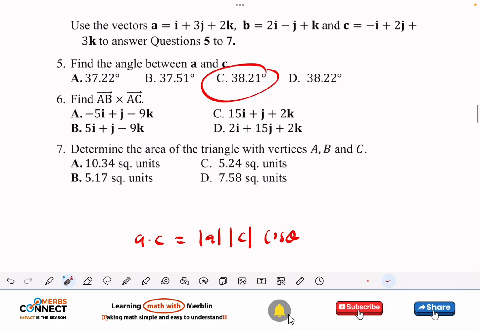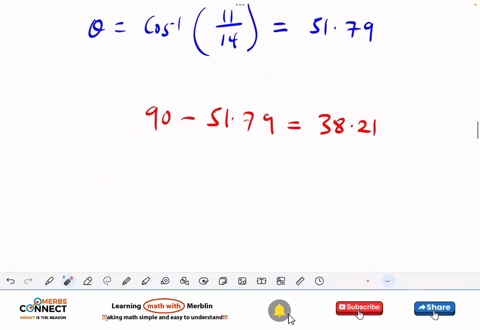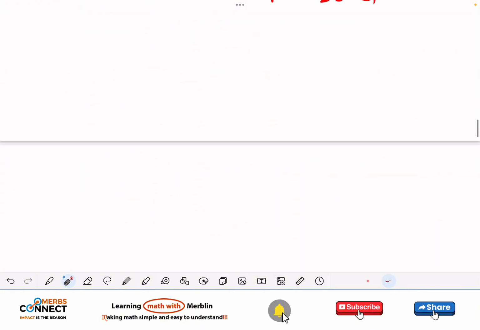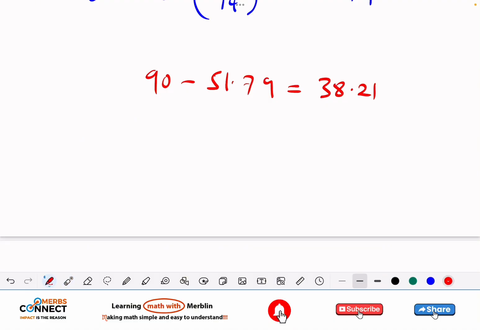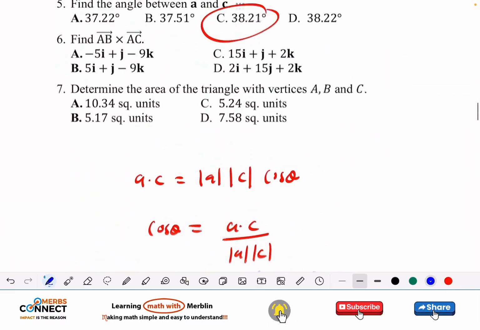Now let's look for vector AB and then vector AC. So this is question 6, I think. Vector AB is equal to OB minus OA, or let me say small b minus small a. So what is small b?